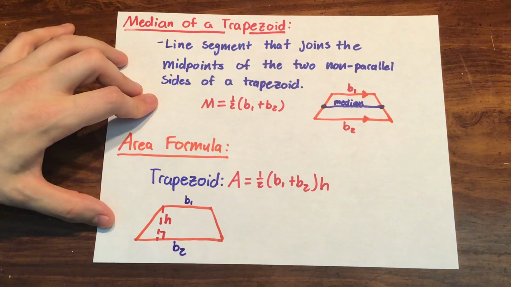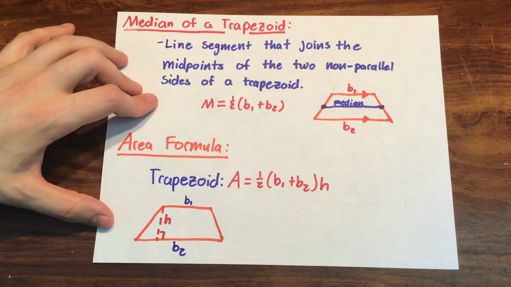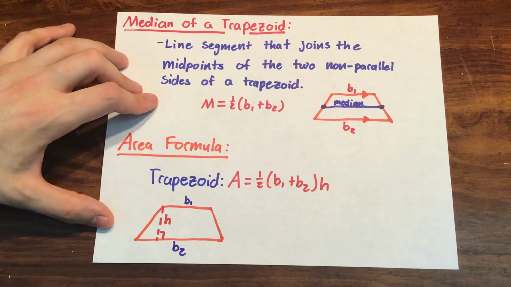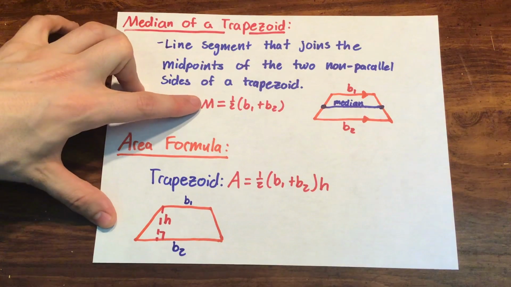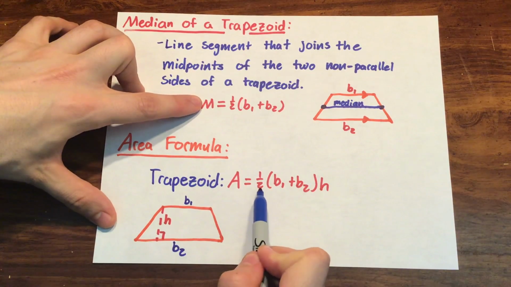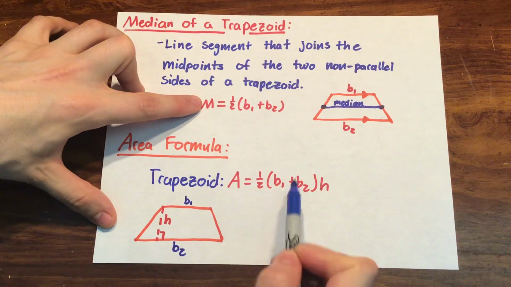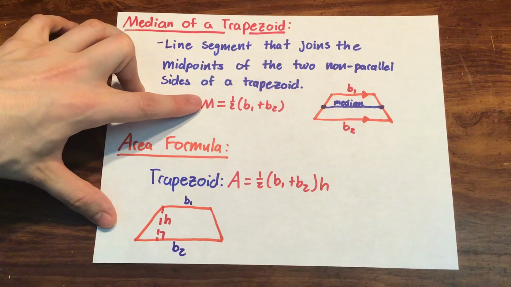Now, look at our area formula for a trapezoid and see if you notice anything about it. Right off the bat, you probably should have written something down and thought, I just wrote this down somewhere. And if you look up top here, you did just write part of it down. If we look at our first portion of our area formula, we have 1/2 base 1 plus base 2. If we look at our median formula, it's 1/2 base 1 plus base 2.